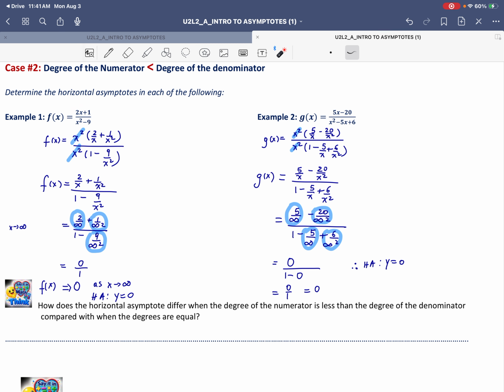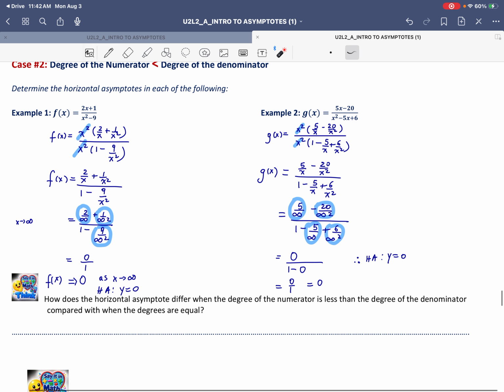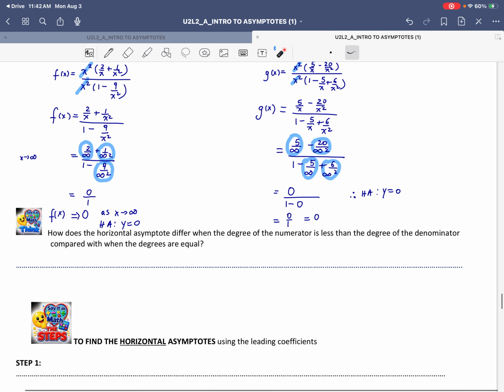Whenever the numerator has a degree lower than the denominator's, the horizontal asymptote will always be at y equals 0. The reason why is because algebraically we saw that when x approaches infinity, these terms in the numerator all turned into 0. But there is another way of looking at it that I would like to explain.